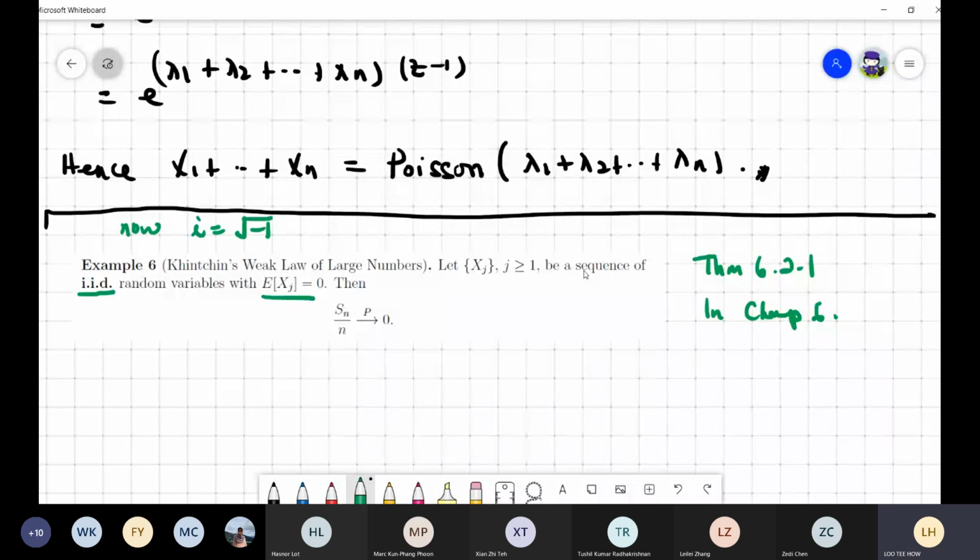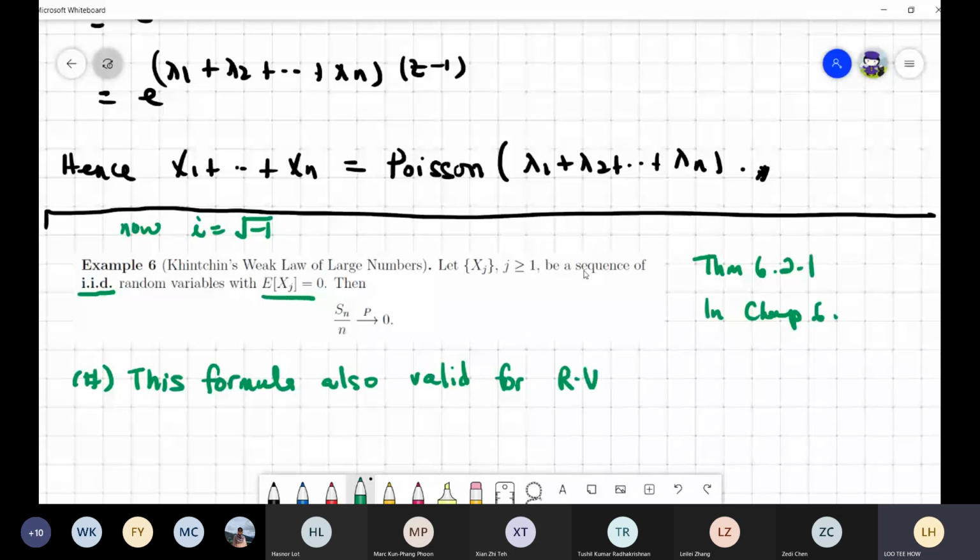Note that this formula is valid for random variables with infinite variance. Even if the variance for those random variables is infinity, whether it's infinity or finite doesn't matter, we don't care. So then we can have this result.